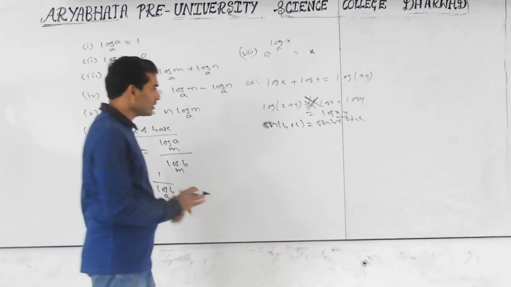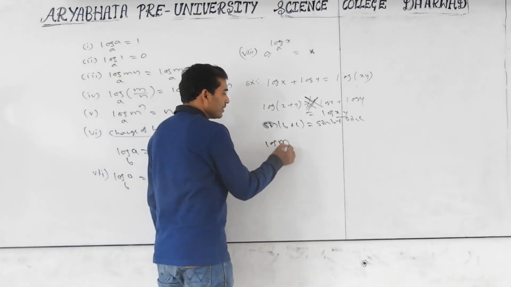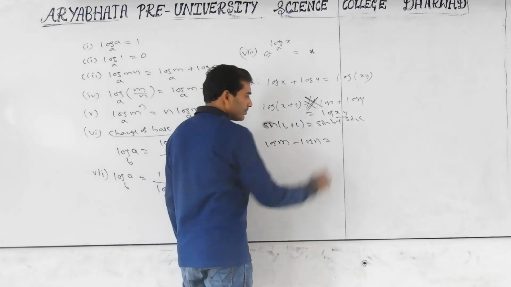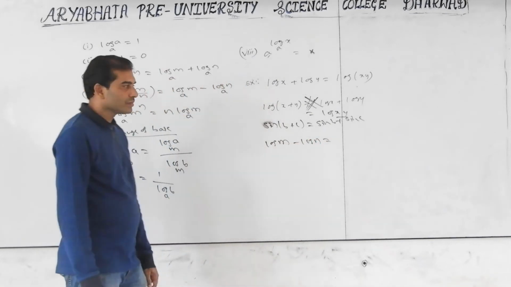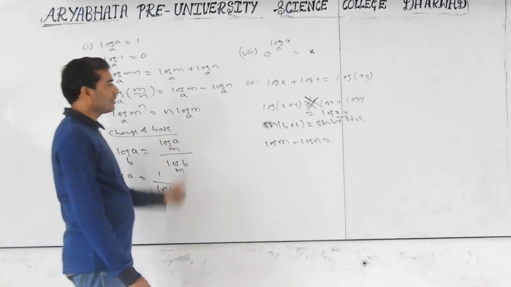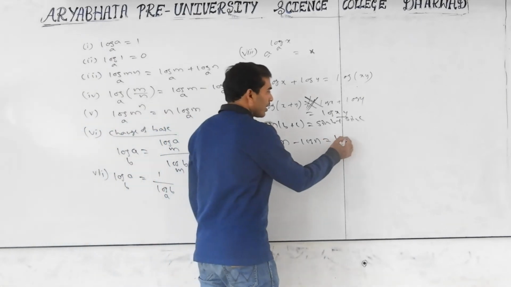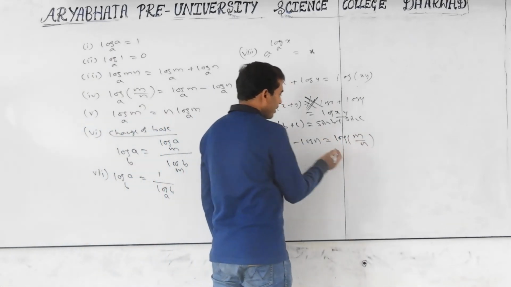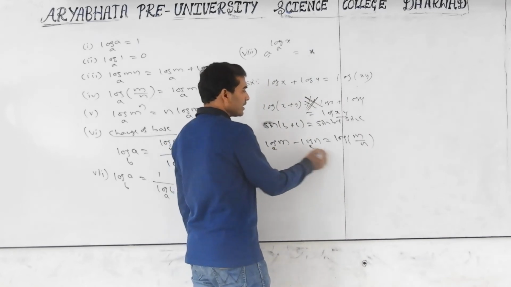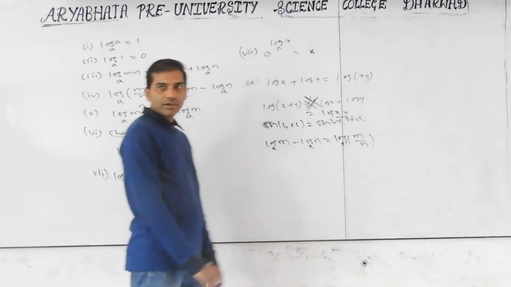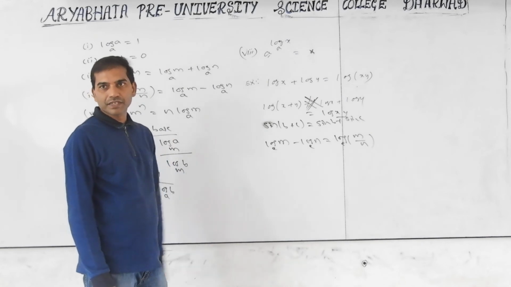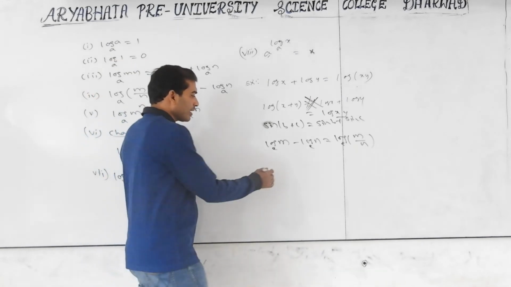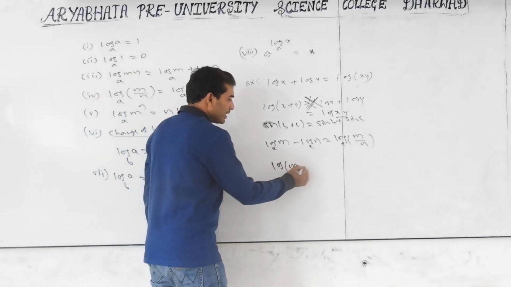Yes. Log m minus log n equals log of m by n. Here I am not writing the base, that means base is e. If I don't mention the base, it is considered base e. What about log of m minus n?